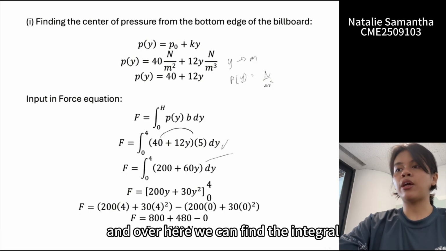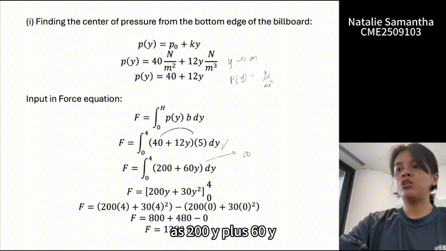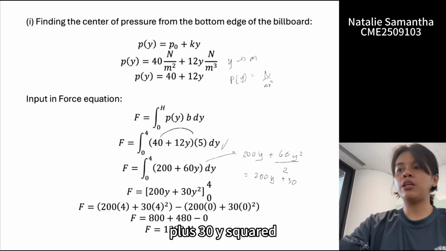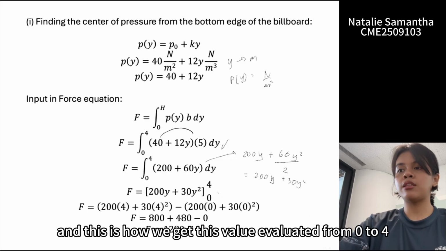And over here we can find the integral as 200y plus 60y squared divided by 2, which will give us 200y plus 30y squared.